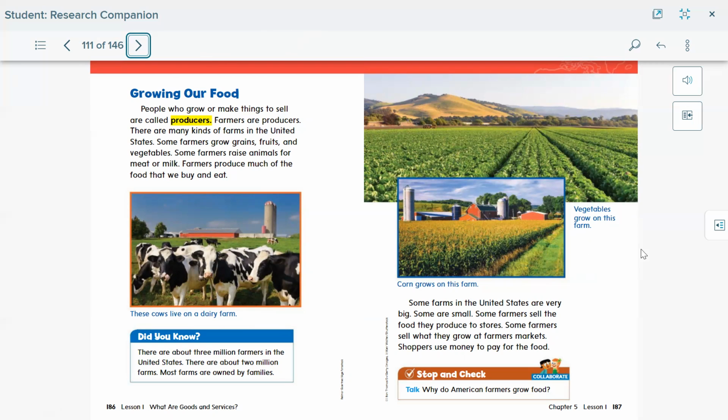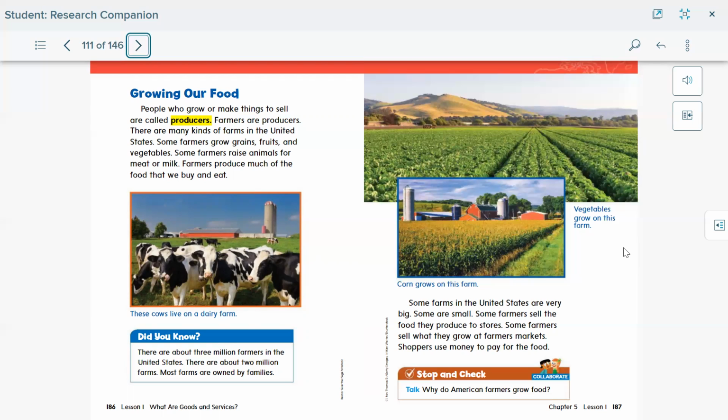Some farms in the United States are very big. Some are small. Some farmers sell the food they produce to stores. Some farmers sell what they grow at farmers markets. So if it's a small farm that doesn't have much to sell to a big factory or big stores, the farmers have a stand where they show their crops, vegetables, fruits, whatever they plant, and sell it in the farmer markets.